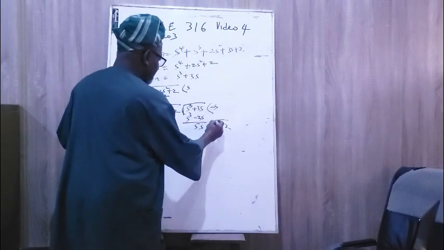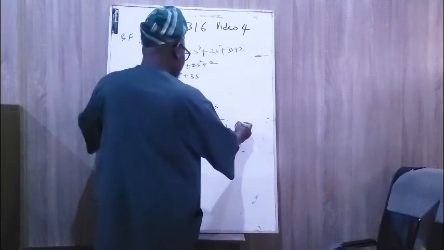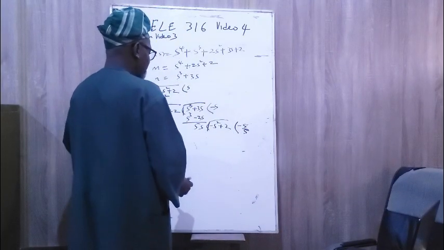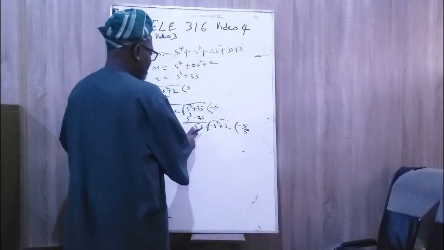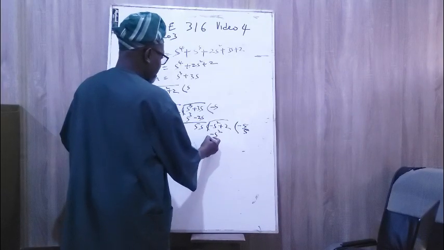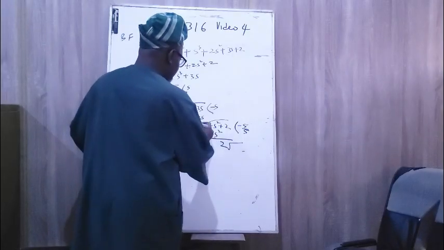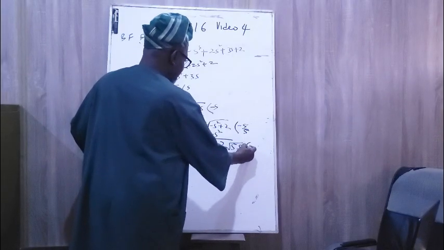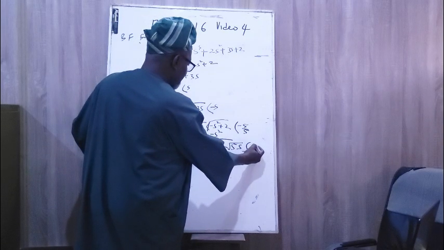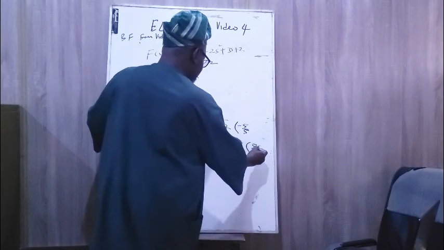So when we divide, what do we have? Here, we are going to have minus s over 5. Minus s over 5 times this will give us minus s^2. When we subtract this, we cancel. This will be 2. We bring this here, 5s. What are we going to have? This will be 5 over 2s.